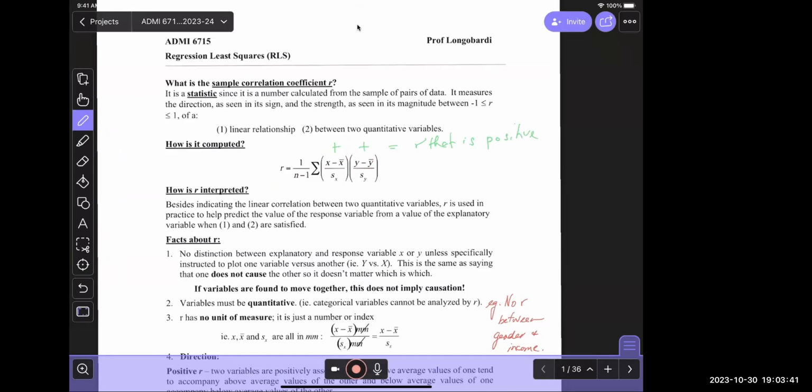Well, what if when X is above its mean, Y is below the mean? This one will be positive and this one will be negative.